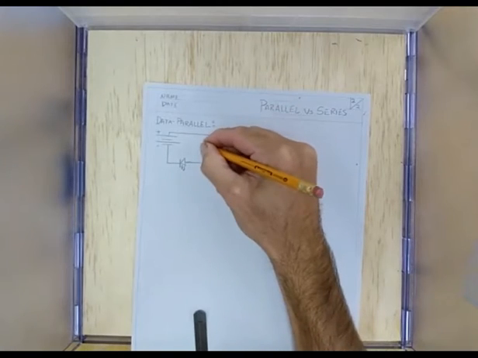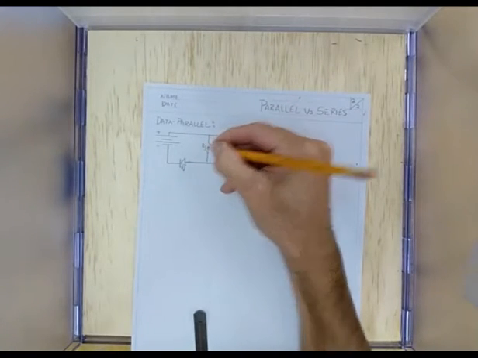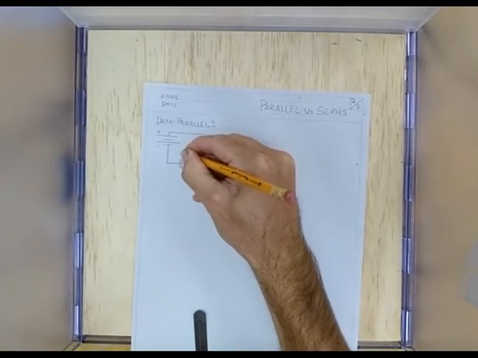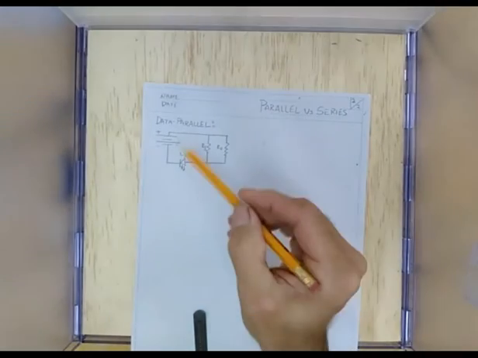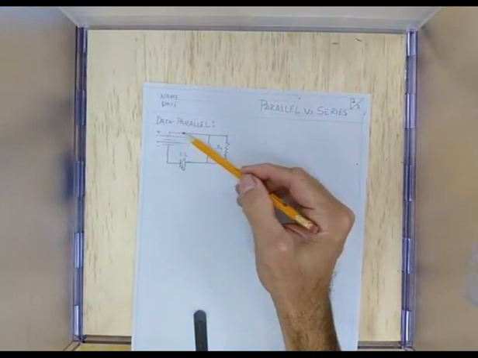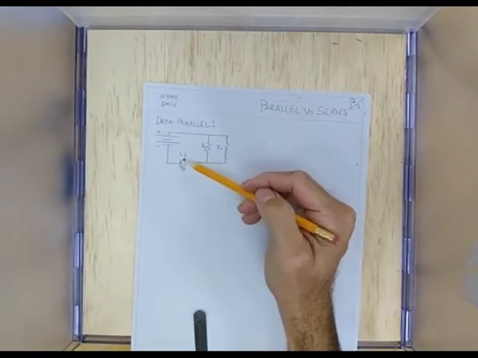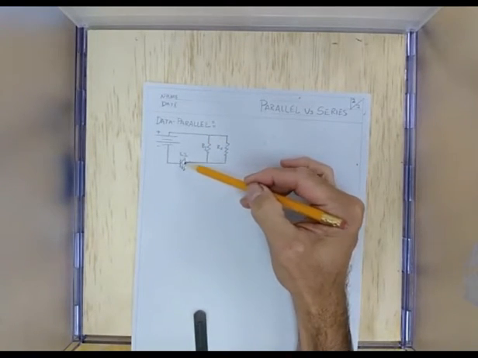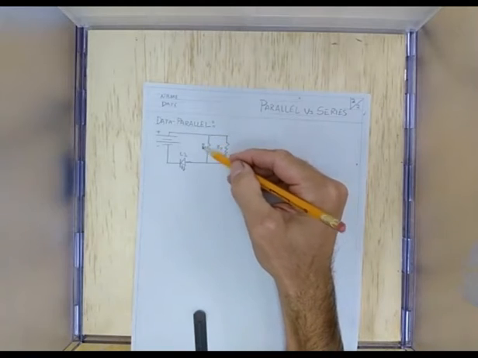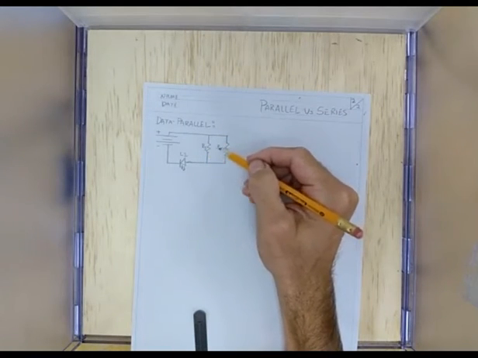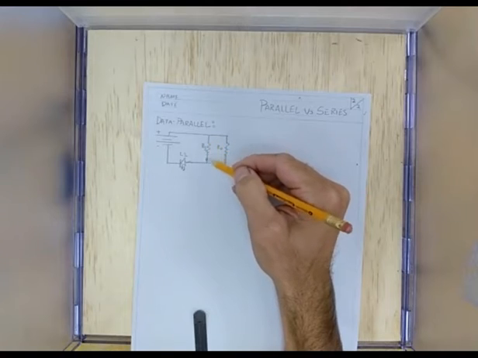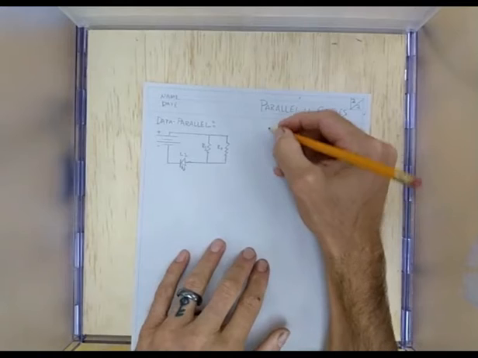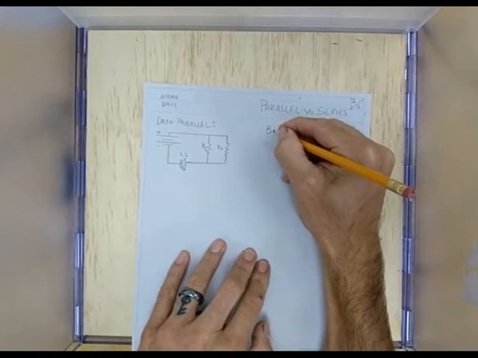So this is going to be R1, R2, and L1. So I have two paths. I have a path that can come through here to this LED, or I can have a path that comes through here to this LED. Whatever value this is and this is, the total is going to be less resistance than the smaller object.